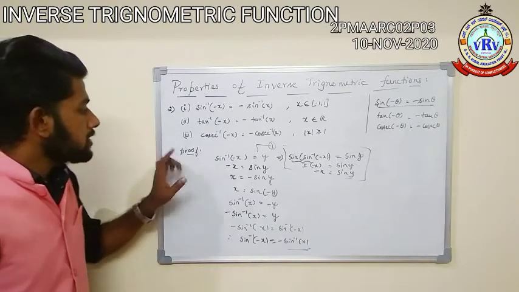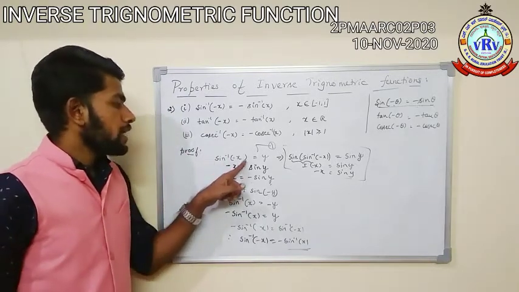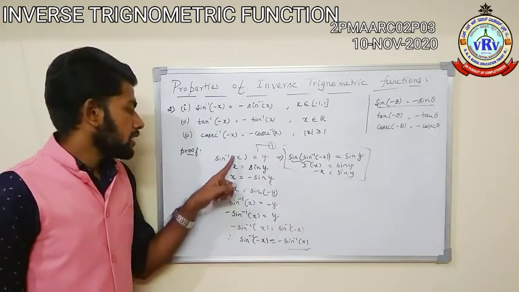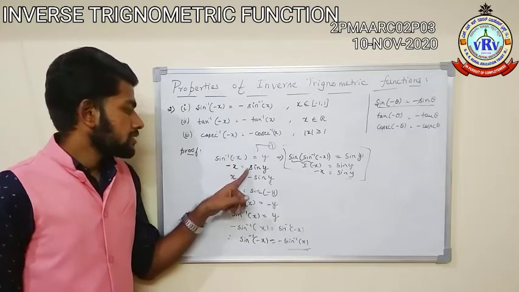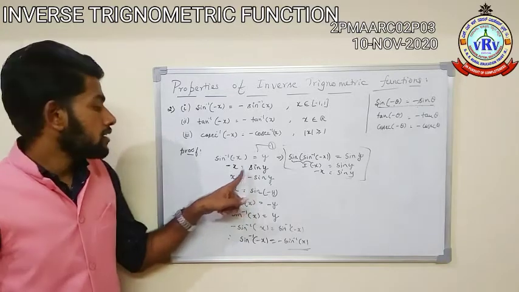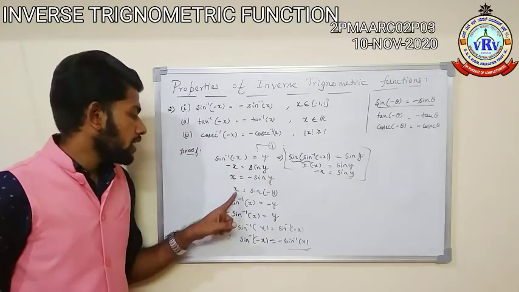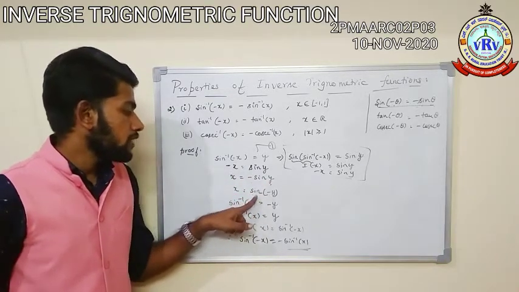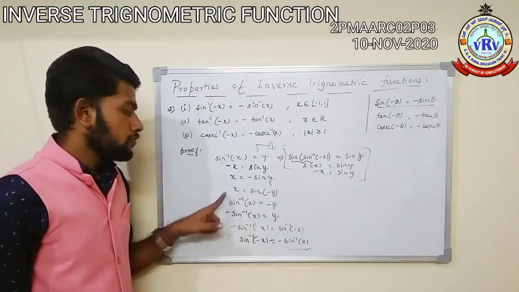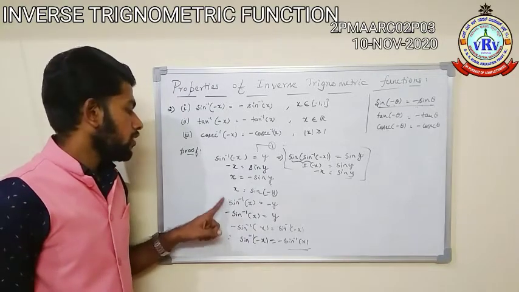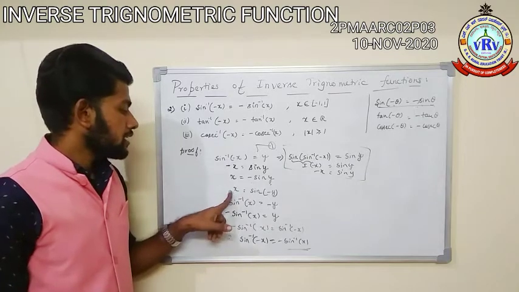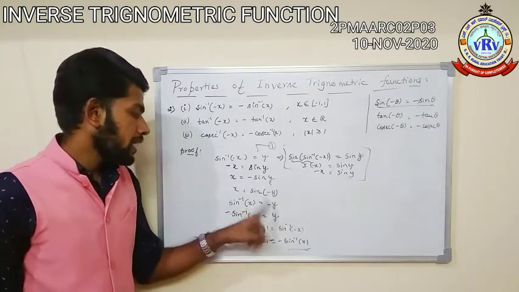Clear? I will explain this one more time. Sine inverse of minus x, I am taking it as y, and applying the sine function on both sides, it will be minus x is equal to sine y, and shifting the negative sign to the other side, x is equal to minus sine y, x is equal to sine of minus y because of this condition. Again I am applying sine inverse on both sides, then it becomes sine inverse of x is equal to minus y.